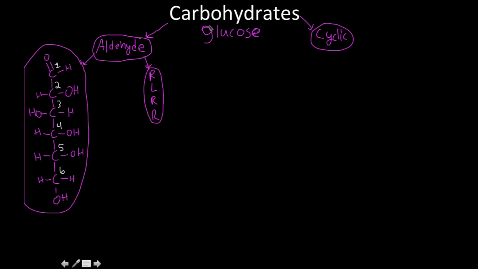And I didn't mention this, but this is, I'll change colors, D-glucose, right? Which determines the D versus L isomerism. Well, what we're going to talk about is that the 5th carbon has some pretty unique things about it.